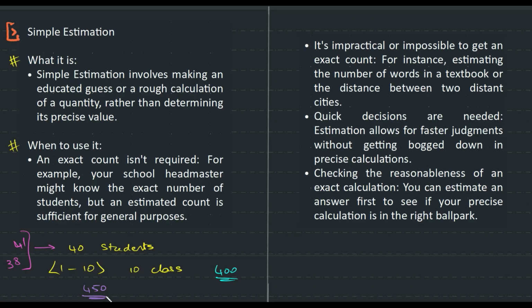It's better to have a bit more than less, because sometimes you have 41, 41, 41 in many classes, not 38, and we will not end up with 400. We need a bit more. Some might get damaged, or you have to give it to your teachers, and so on.